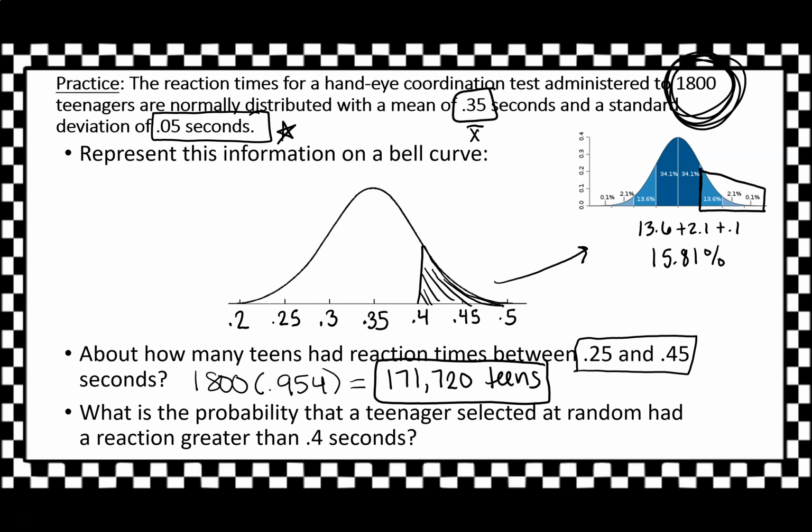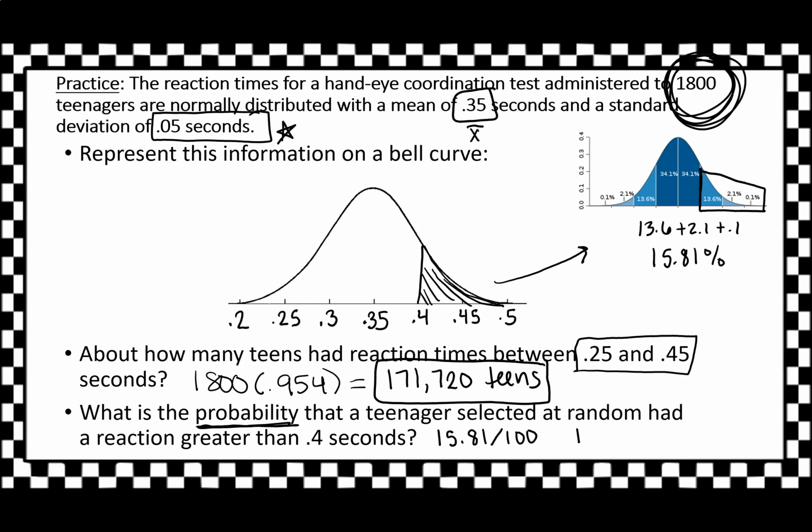However, this question's actually asking me for a probability. Well, if I'm talking about percent, that's actually out of 100. So for probability, I could write this as 15.81%, if you will. And what is that percent out of 100%? So I could say 15.81 out of 100. That's a probability when we write it as a fraction. And I'm going to go ahead and multiply by 100, moving the decimal over twice.